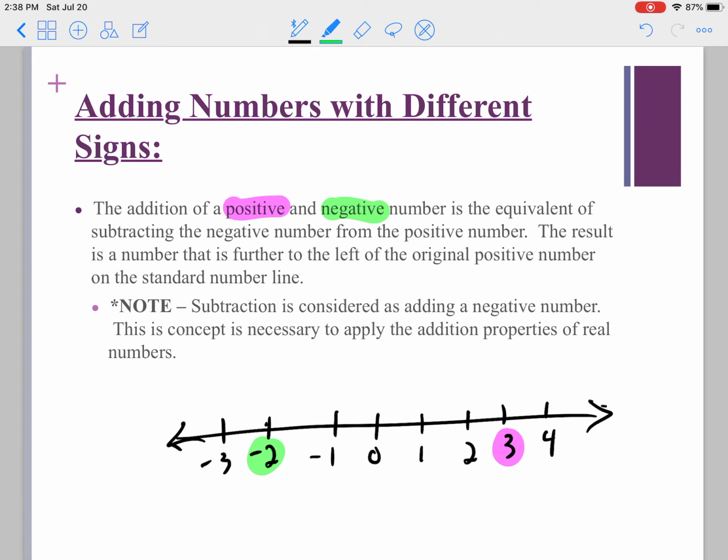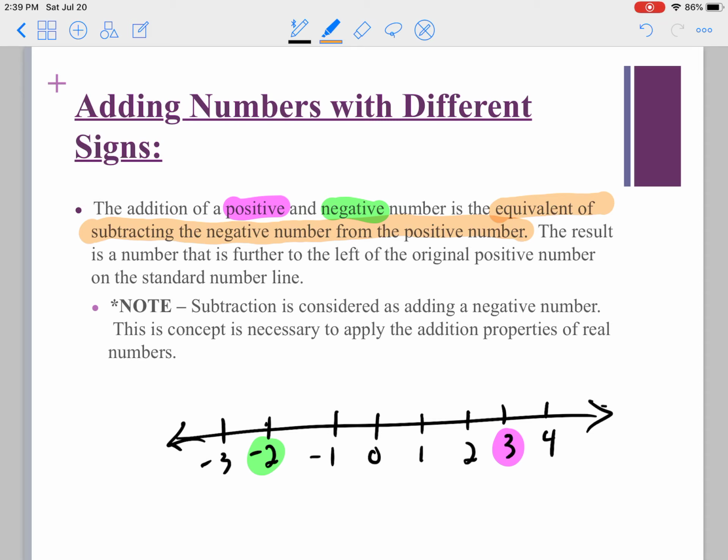Now notice this. This is a very important concept. The addition of a positive and negative number is the equivalent of subtracting the negative number from the positive number. So when we talk about addition in algebra, we are going to add positive numbers, and instead of saying subtraction a lot, we are going to refer to it as adding the negative.